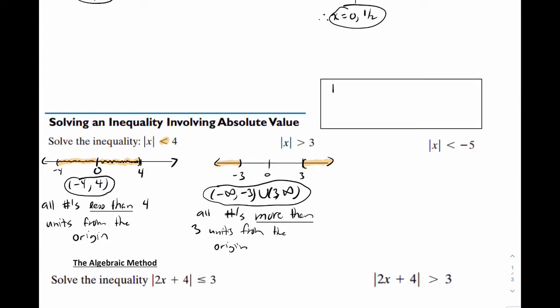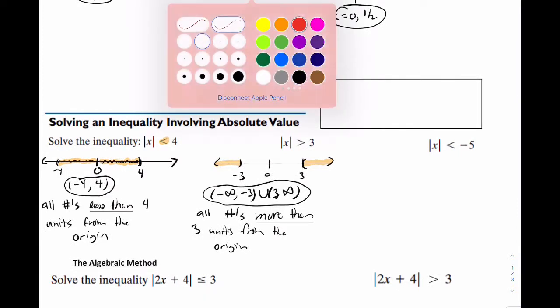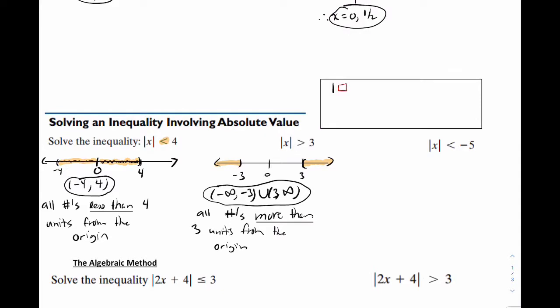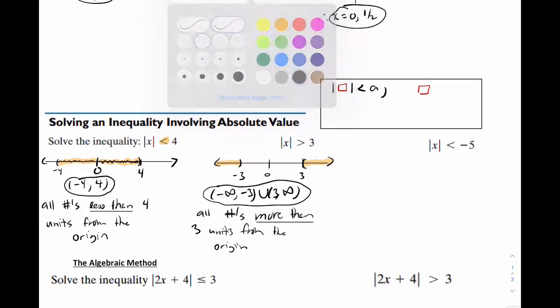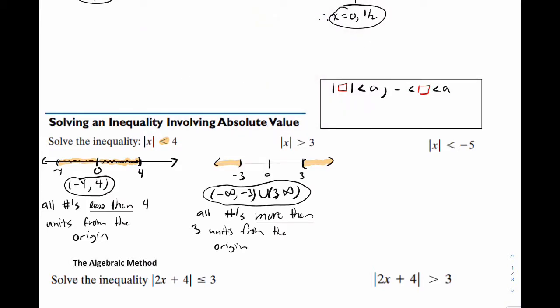If we have the absolute value, and I'll use a red box here, of some red box is less than A, our conclusion is going to be our box is between A and -A.